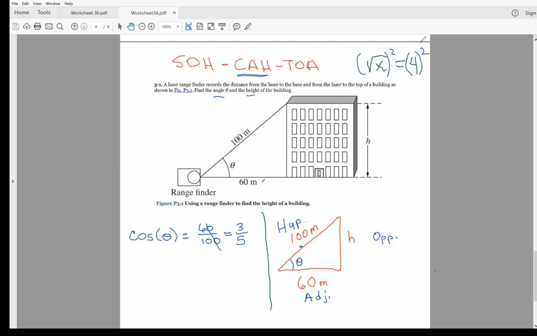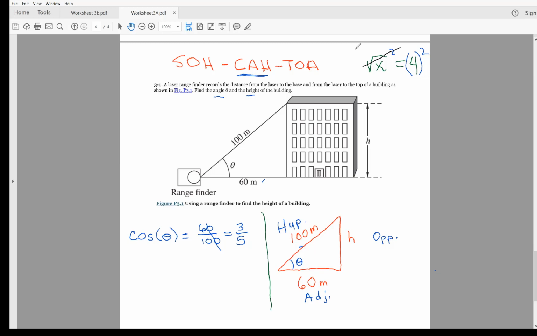So the square root and the square cancel because those are inverses of each other. And I just get x equals 16.